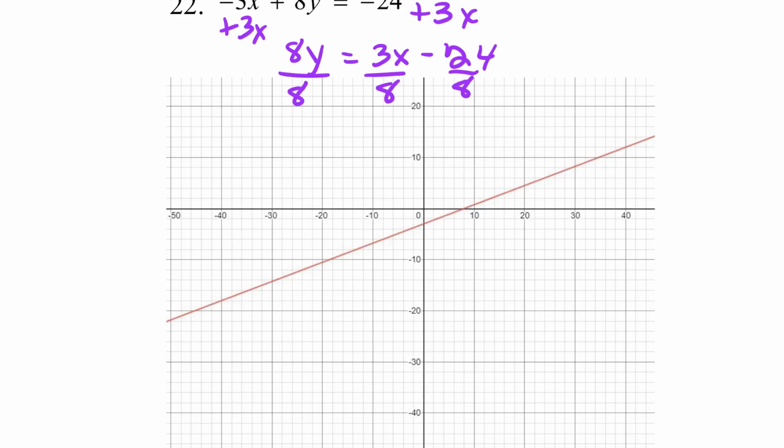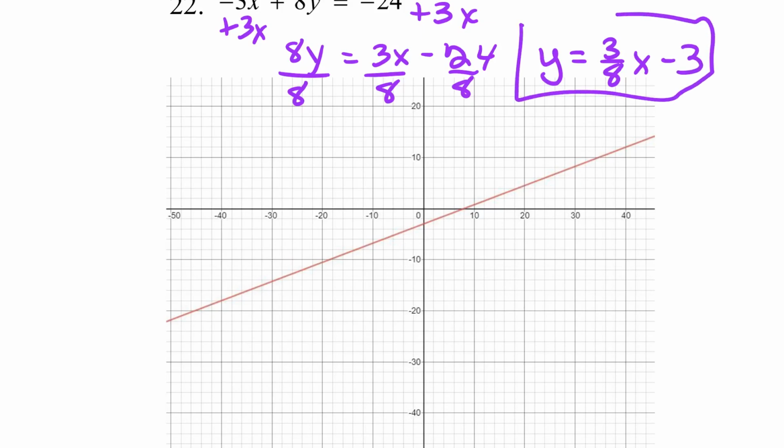You've got to divide the 24 by 8 as well. So then I am left with y is equal to 3 over 8 x minus 3 as my equation of the line in slope-intercept form. And if you were to graph this in both forms, you would have the exact same line. It's just going from one form to another.